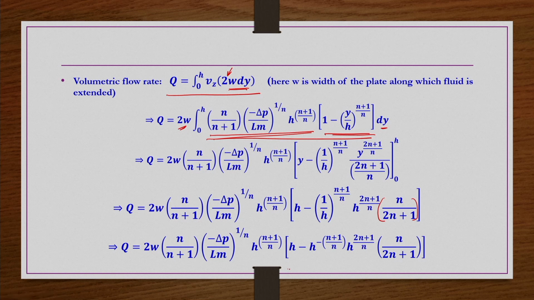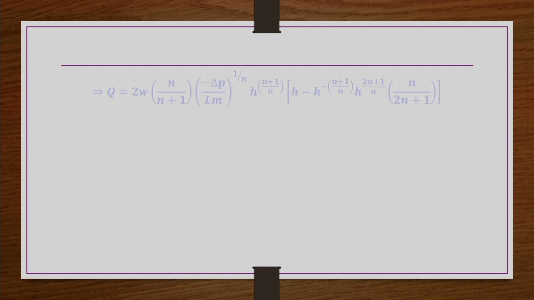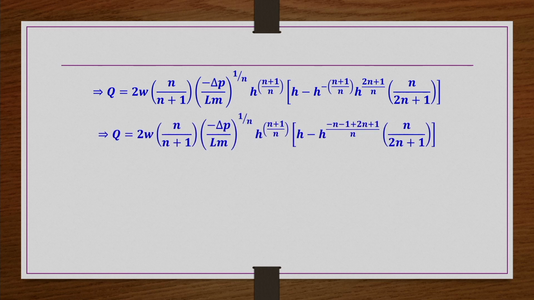So, now next step, whatever 1 by h whole power n plus 1 by n is there, I am writing that as h power minus of n plus 1 by n, so that I can combine these two terms, or you can directly write h power 2n plus 1 by n minus of n plus 1 by n. Then when you simplify it, h power 1 you are having.